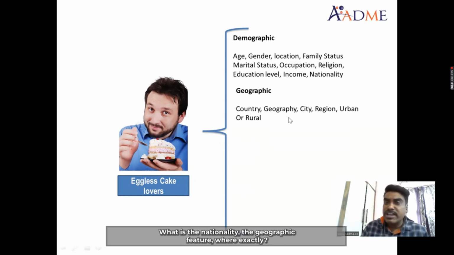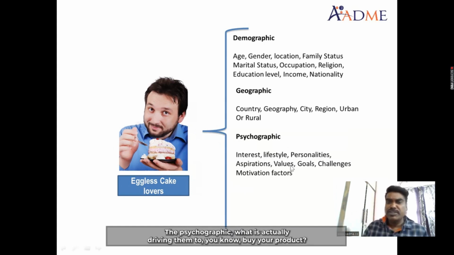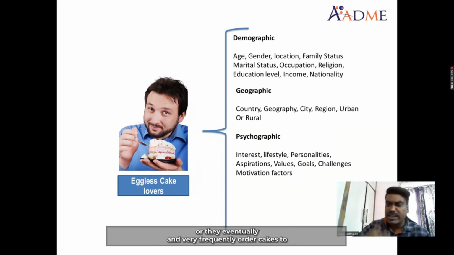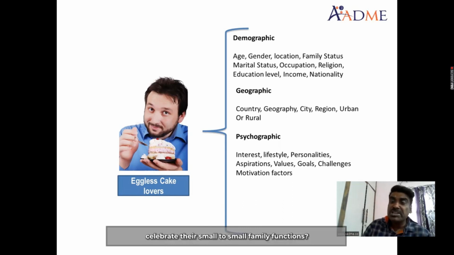The geographic features: where exactly they stay, are they a rural audience or an urban audience, where exactly do I need to put up my ads. The psychographic features: what is actually driving them to buy your product? Are they going to buy the product just to celebrate their official functions, or do they very frequently order cakes to celebrate small family functions?